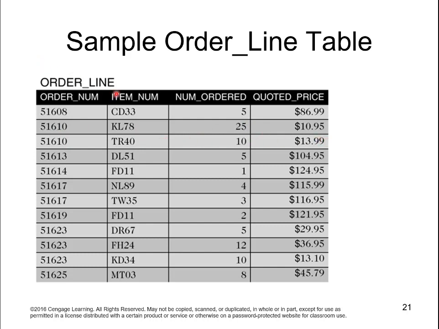So that's why we had to have the item number in here too. So when I'm doing my query, I could say, hey, give me the row that has 51610 as the order number, along with KL78 as the item number. And sure enough, this row would turn up for me.